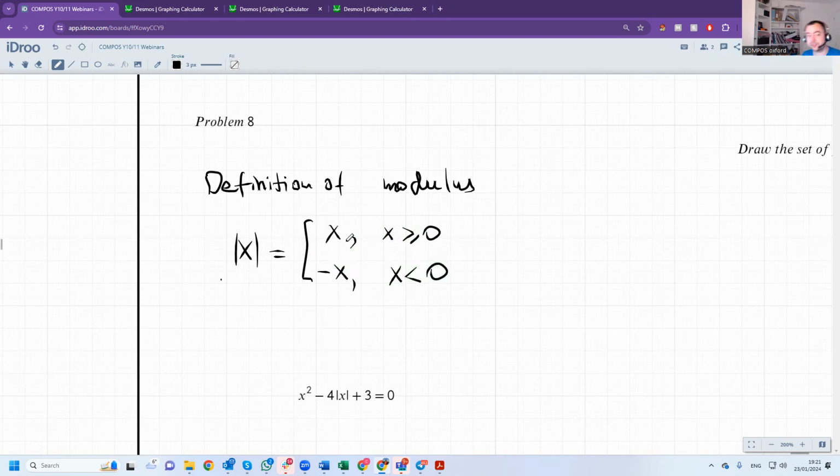So if x is positive, it's just x. And if x is negative, it's the opposite of that. So it's minus x. Does that make sense? It's the absolute value, yes. But the way I've written the definition, does that make sense?